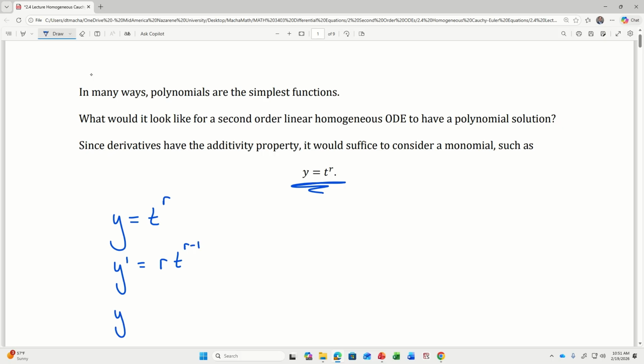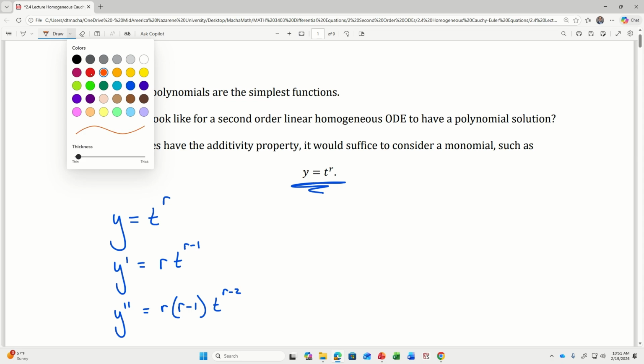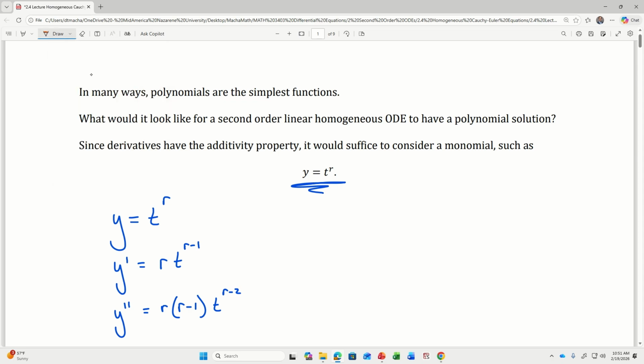And then the second derivative would be r times r minus 1 times t to the r minus 2. There you go. And this is supposed to be my solution for a second order linear homogeneous ODE. Notice I didn't specify this has to have constant coefficients.